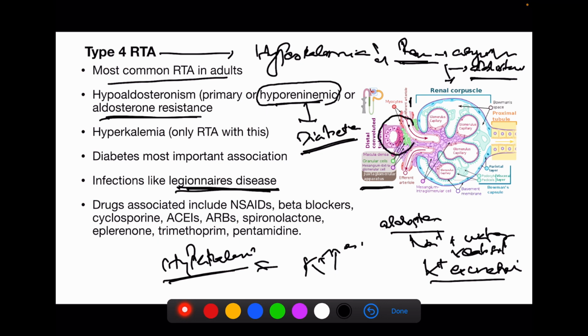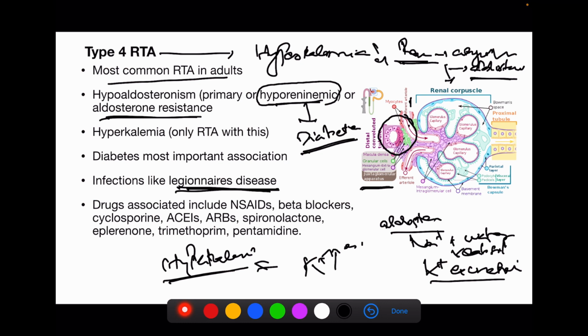So all these together form the juxtaglomerular apparatus. So it can be affected by arterial damage due to hyaline arteriolosclerosis of the afferent arteriole, which occurs in diabetes, and acute or chronic tubulointerstitial inflammation, which occurs in conditions like Legionnaires' disease.